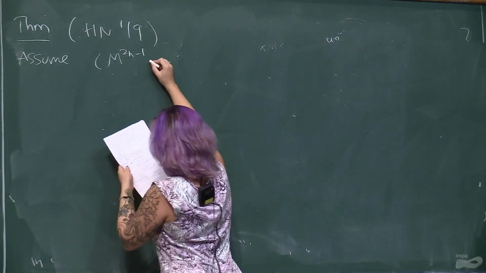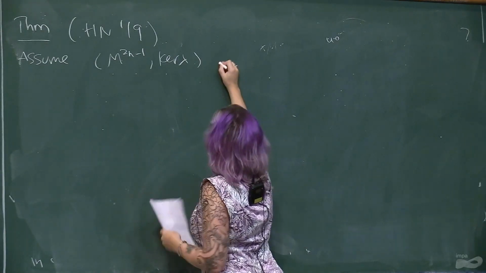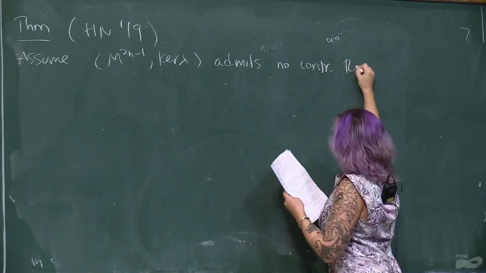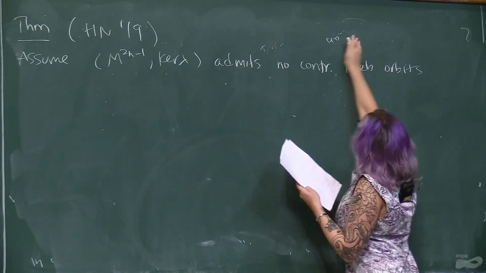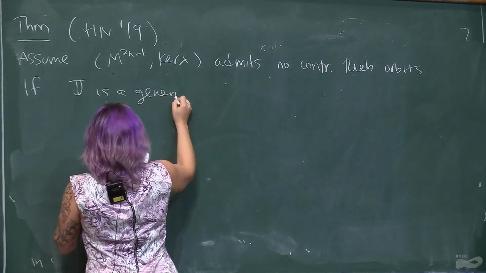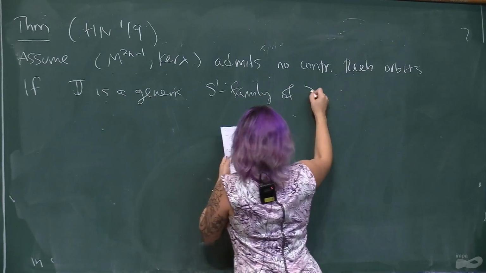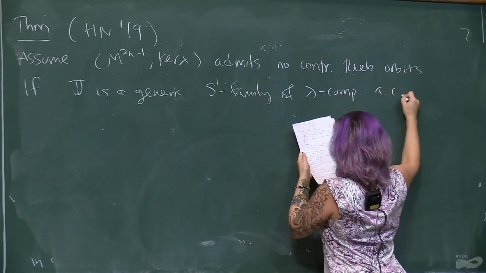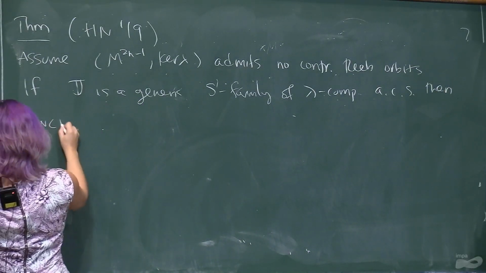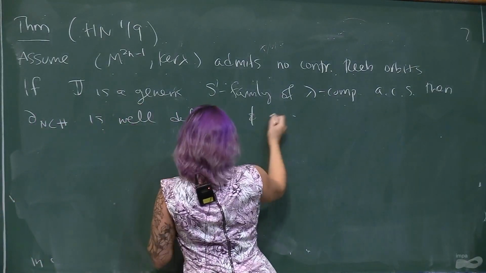So we're going to assume that M^{2n-1}, kernel of lambda, is a closed, oriented, non-degenerate contact manifold, and we're going to assume that it's hypertight, meaning that it admits no contractible Reeb orbits. Then if J is a generic S^1 family of lambda-compatible almost complex structures, then this non-equivariant differential is well defined and it squares to 0.